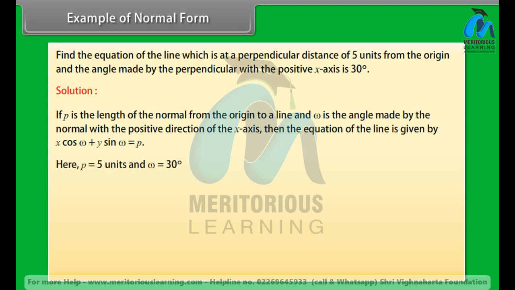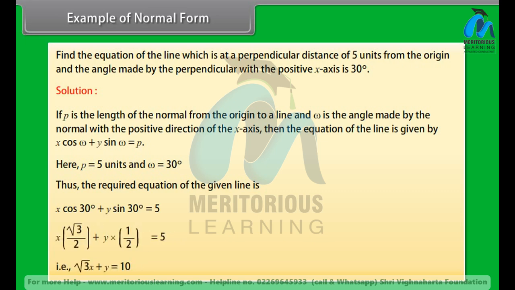Here, p = 5 units and ω = 30 degrees. Thus, the required equation of the given line is x cos 30° + y sin 30° = 5. It can be solved to x√3 + y = 10.